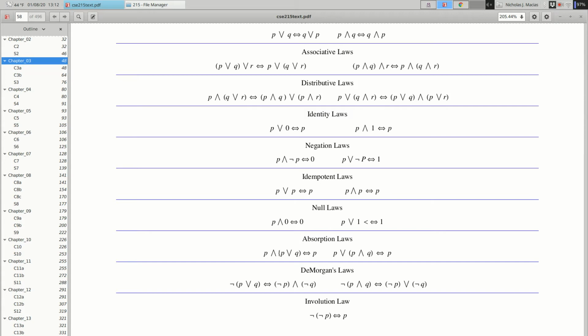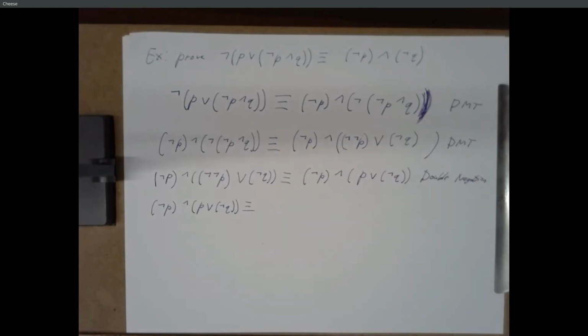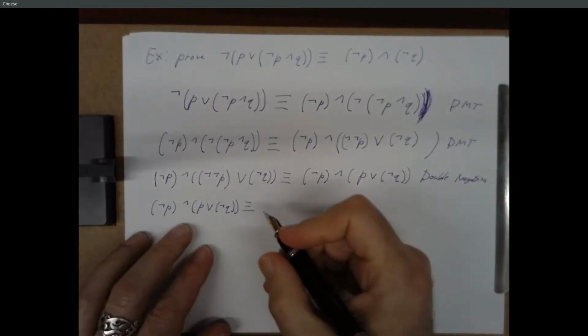We can use distribution. Distribution says something ANDed with an OR is equivalent to that something ANDed with the first part of the OR, ORed with that something ANDed with the second part of the OR. And I'm just doing this very rigorously.